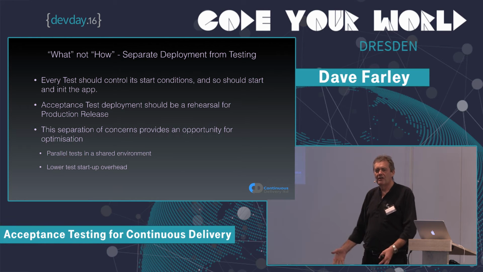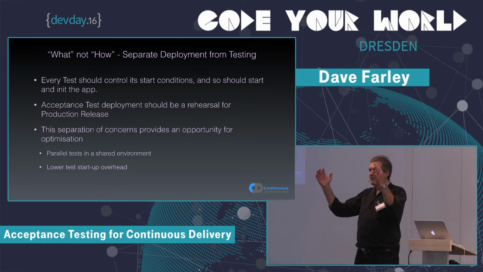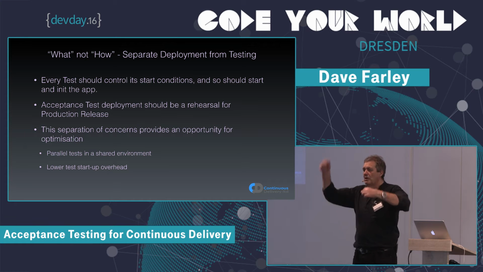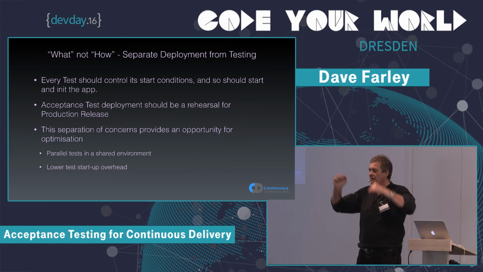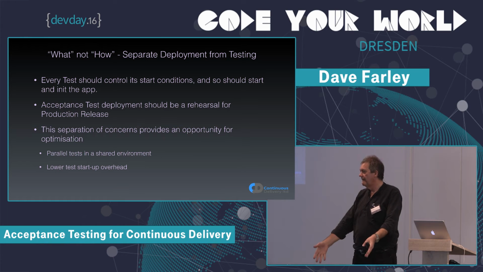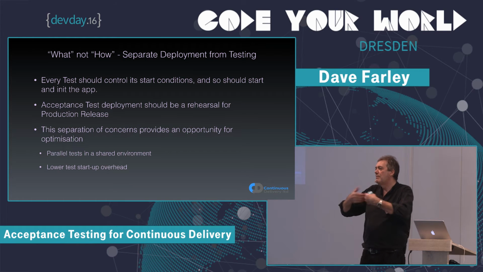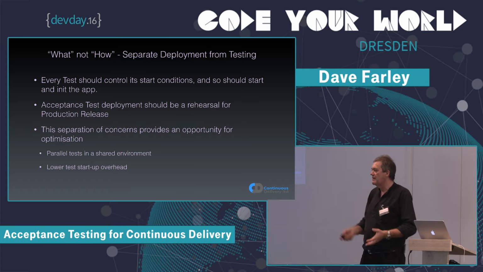And so if we incur that for every test case that we run, we could do better. What would be nice would be able to start the application once, run a lot of tests against it, and then throw it away after we've got a result.